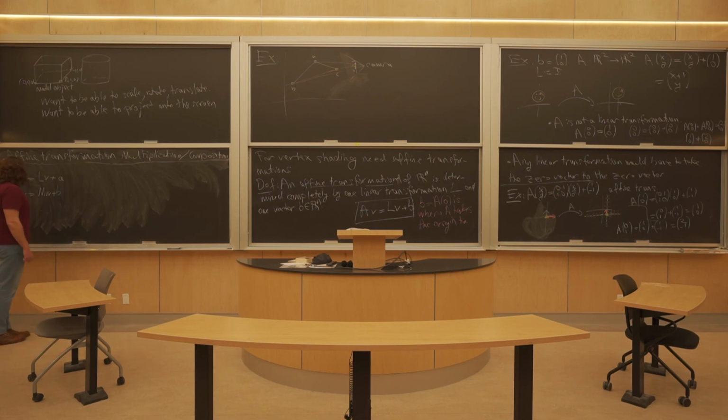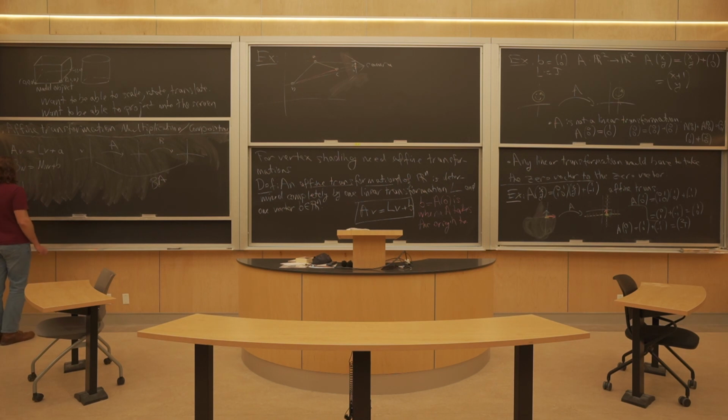So now let's try to write down BAV. Okay? I want to see something like this. I want to figure out this composite transformation. So V starts here. And if I write it down, I get this.